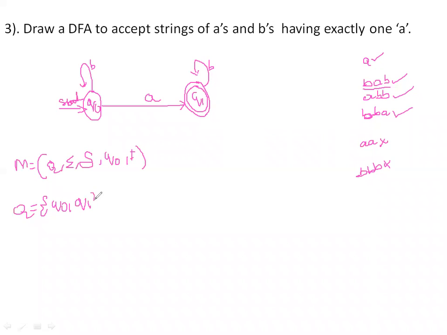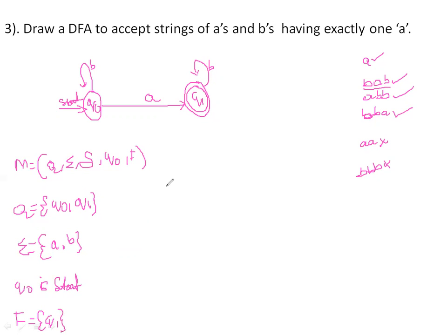Then sigma will be equal to A, comma, B. Don't get confused. The minimum requirement is A, but the alphabets are A, comma, B. Remember this. Then Q0 is the start state. Then F is equal to the final state, that is Q1.